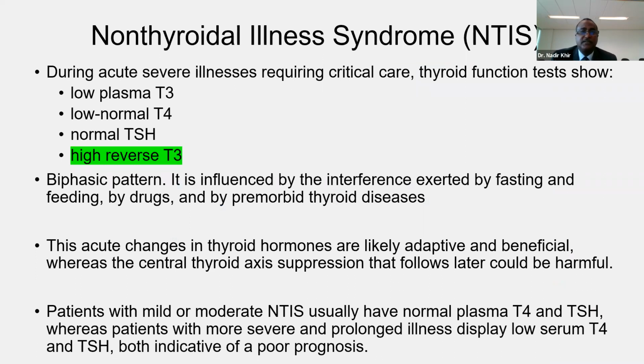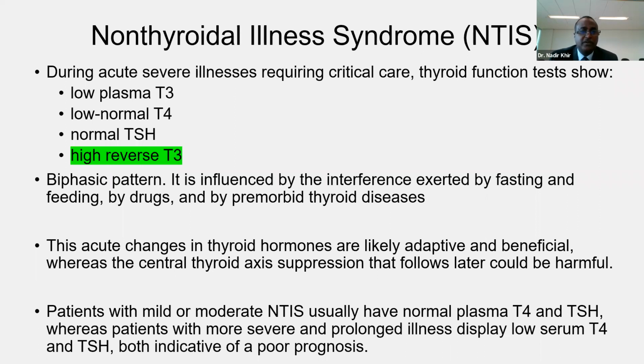Non-thyroidal illness happens during acute severe illness requiring critical care, with low plasma thyroid function. The characteristic pattern when you think about acute severe illness is low plasma T3, low normal T4, normal TSH, and high reverse T3. So in real practice, when they call you for consultation, for example in the ICU, usually they have done a TSH and free T4 or total T4.